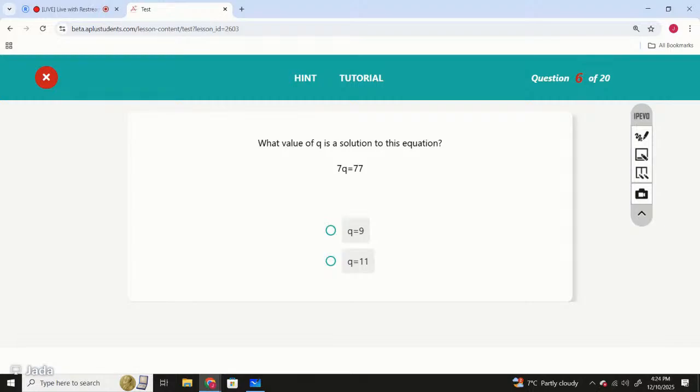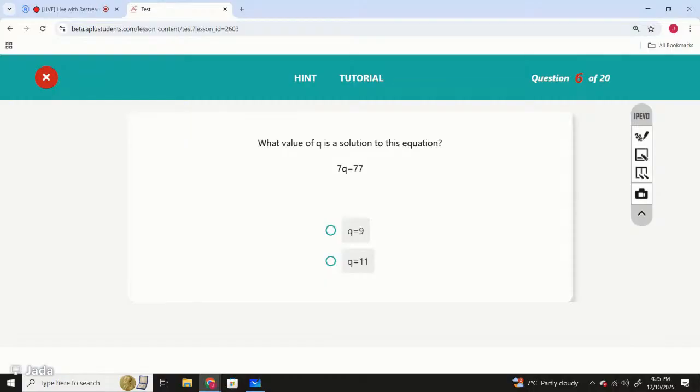What value of q is the solution to this equation? 7q equals 11. So which is the correct option?